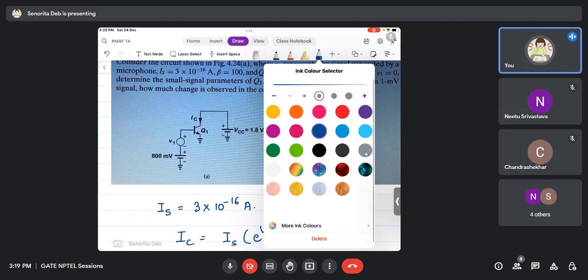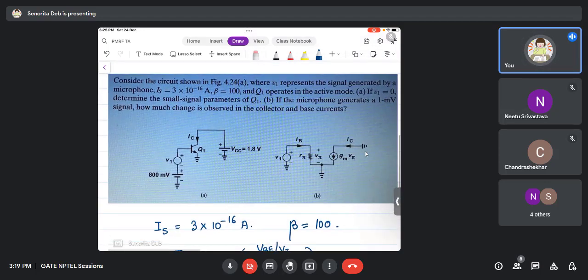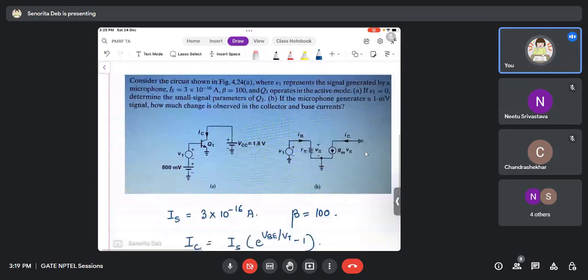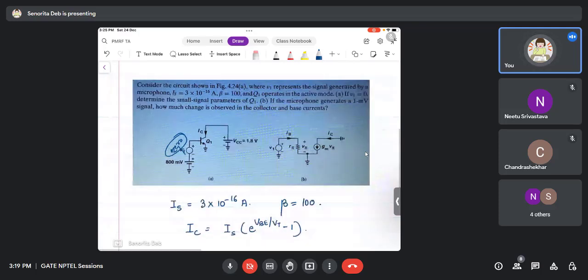First they are saying determine the small signal parameters when V1 is 0. So V1 is now made 0. When V1 is 0, there is no small signal perturbation, and the circuit is simply behaving like a DC circuit.